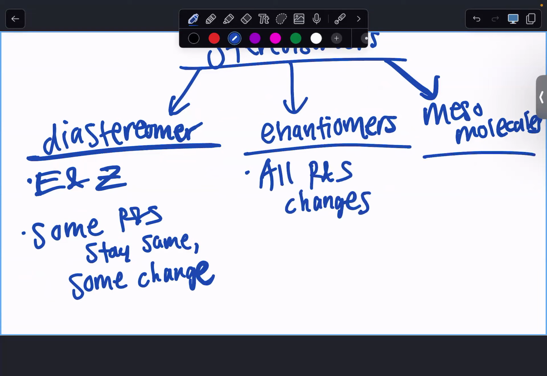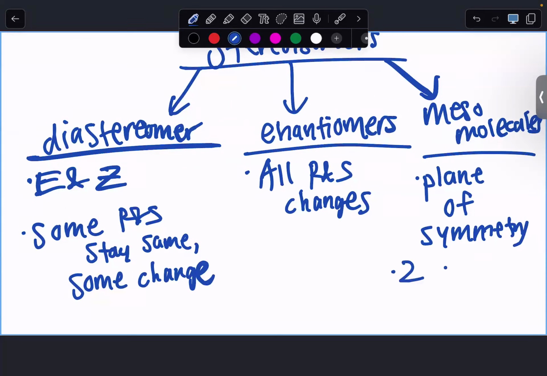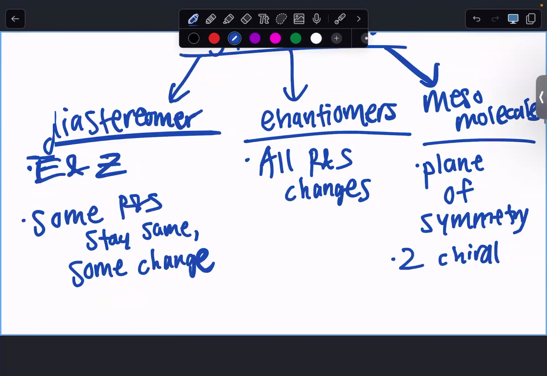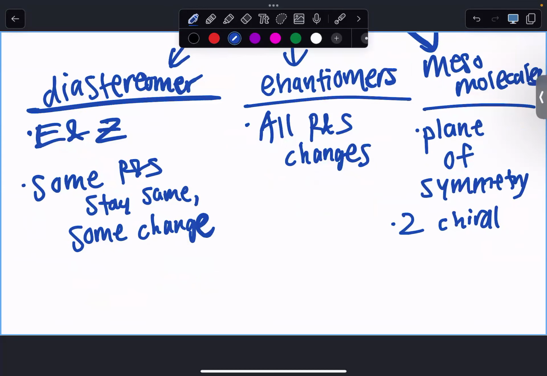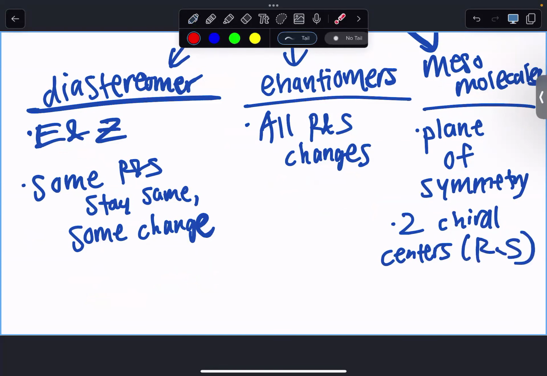And meso is going to have a plane of symmetry. And 2 chiral centers, most often where one is R and one is S, right? But that's not important for what is going to be.